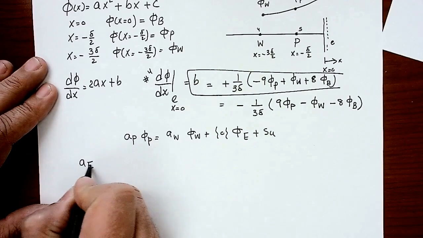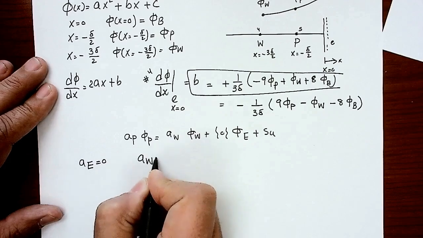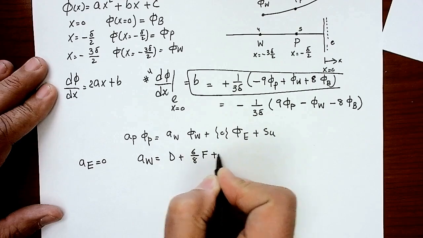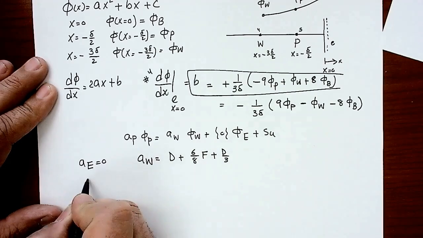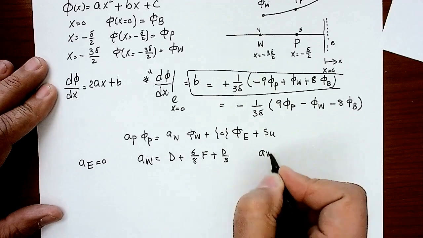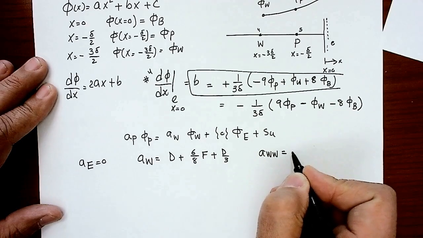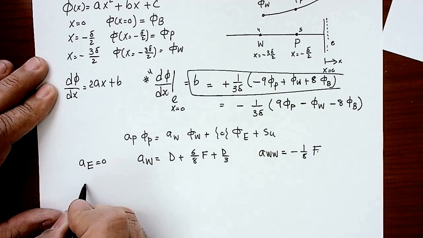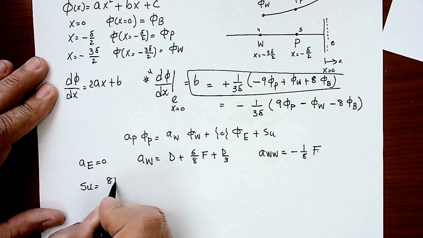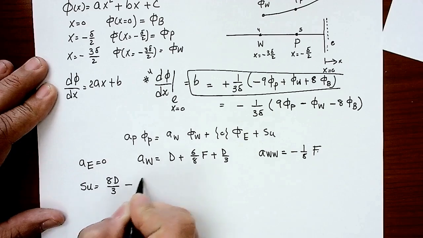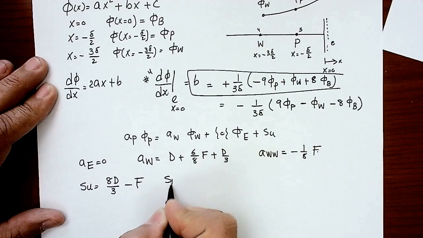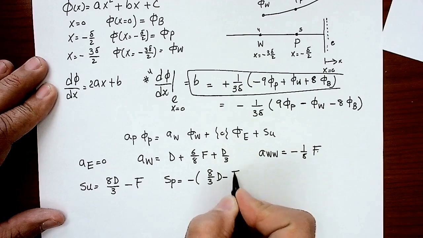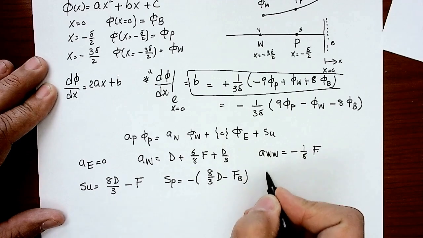I have A east is equal to 0. I have A west is equal to D plus 6 over 8 F plus D over 3. I got AWW is equal to minus 1 over 8 F, and I got SU is equal to 8D over 3 minus F. I got SP equal to minus 8 over 3 D minus FB, and I got AP.